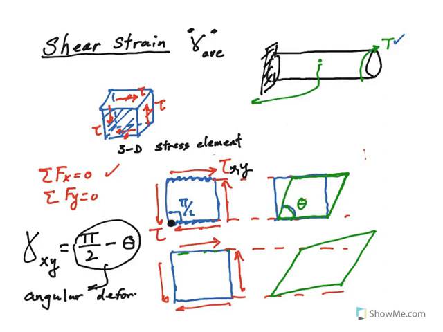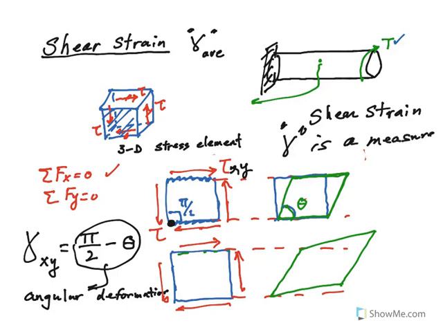So basically, shear strain gamma, and by the way, it's an average value, is a measure of angular deformation, or angular distortion, in other words.